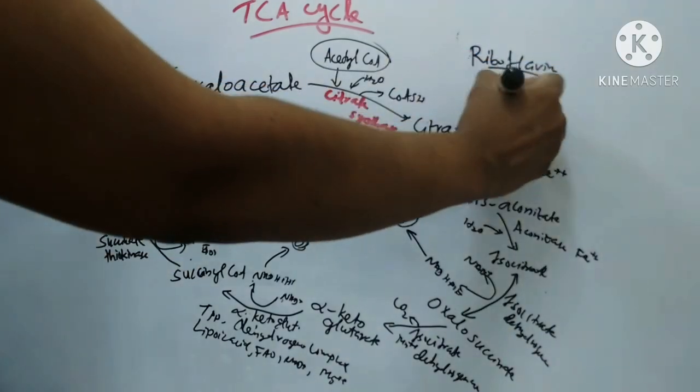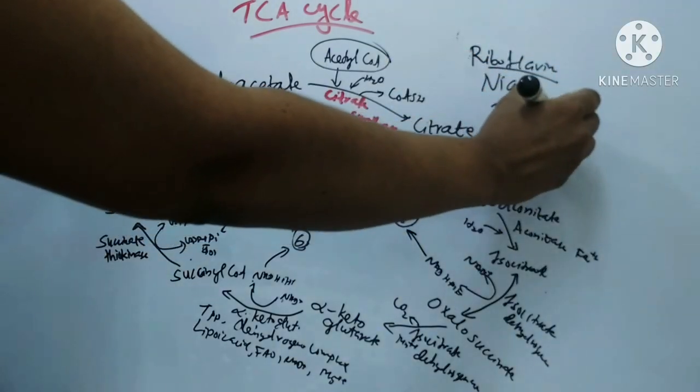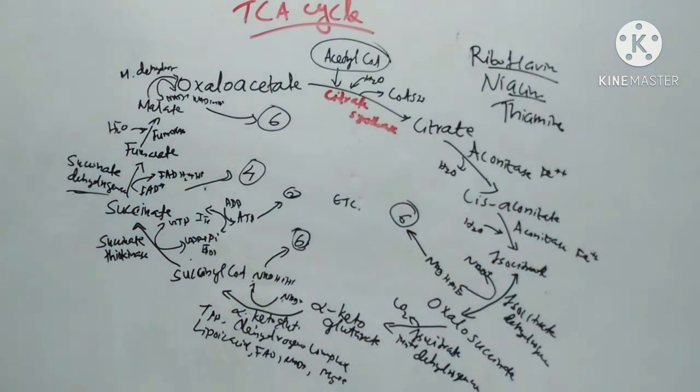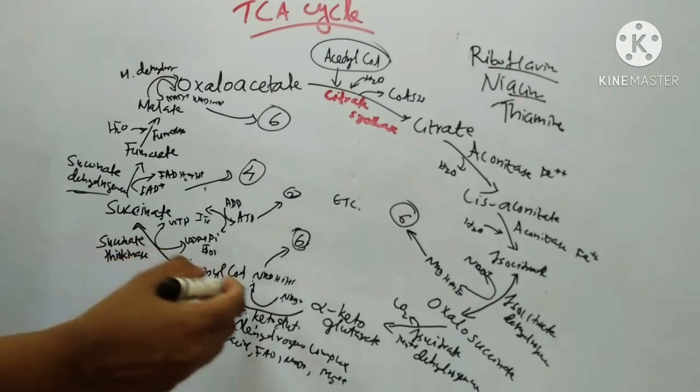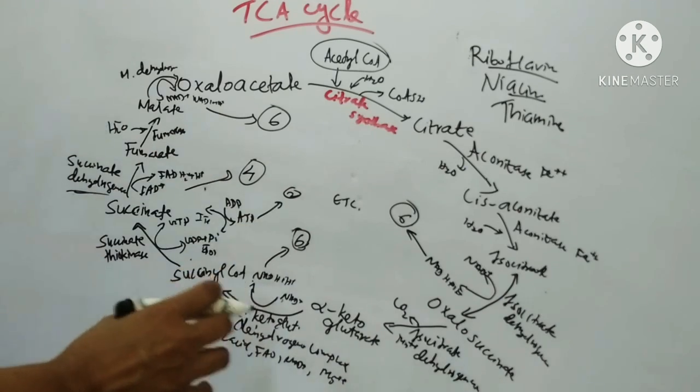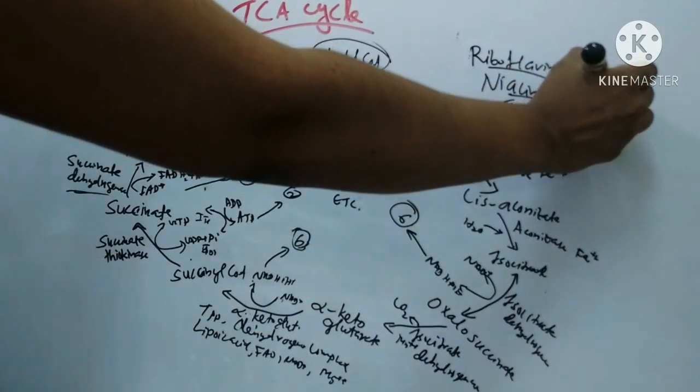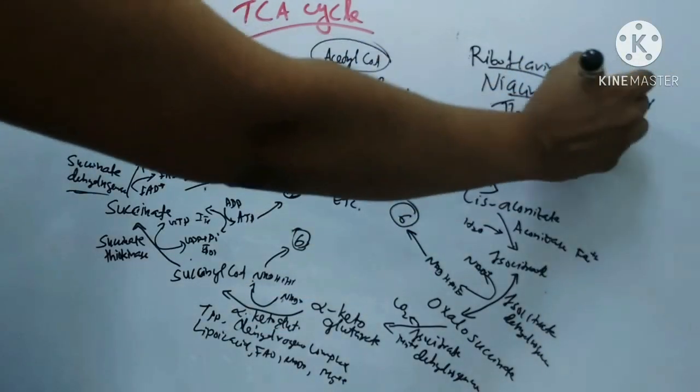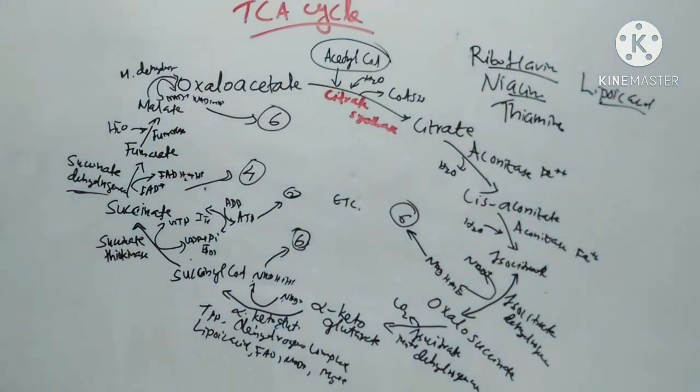Then thiamine. Thiamine as thiamine diphosphate is the coenzyme for the decarboxylation in the alpha-ketoglutarate dehydrogenase reaction. Next one is lipoic acid, a coenzyme for the alpha-ketoglutarate dehydrogenase reaction.